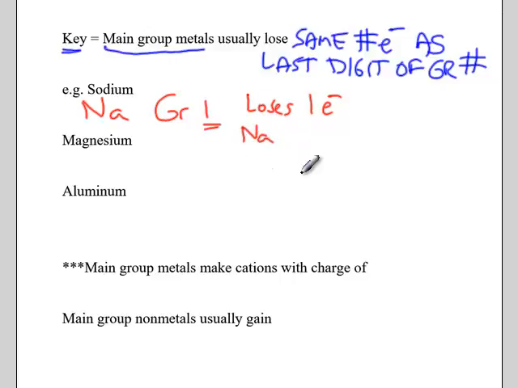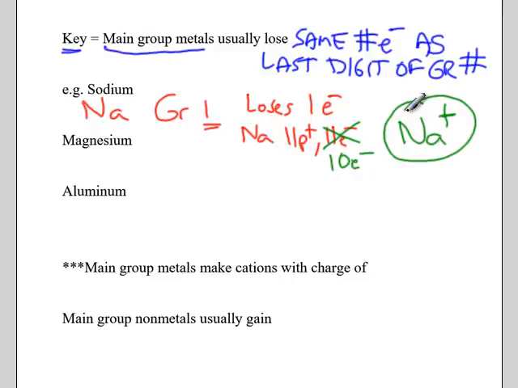So a sodium atom that's neutral, we can look up its atomic number on the periodic table and find that it's number 11. So it has 11 protons and 11 electrons. If it loses 1 electron, 11 electrons are going to change to just 10 electrons. It still has 11 protons. Now it lost one electron, so we write that as a sodium with a superscript and a plus sign to show that it's a +1 cation.